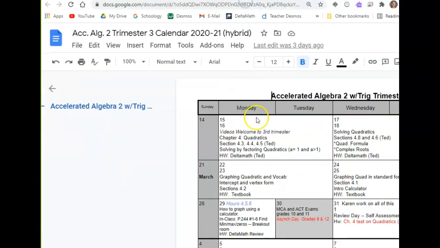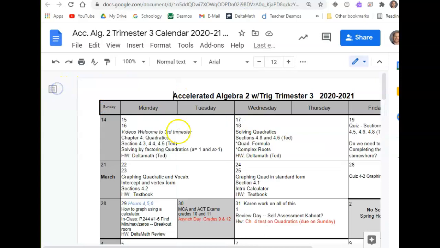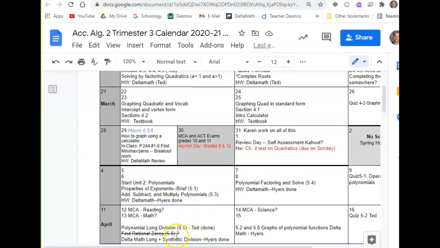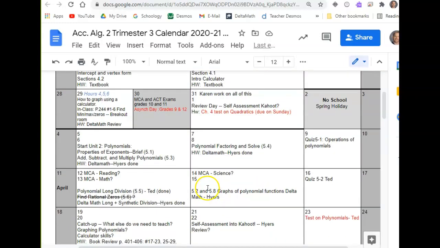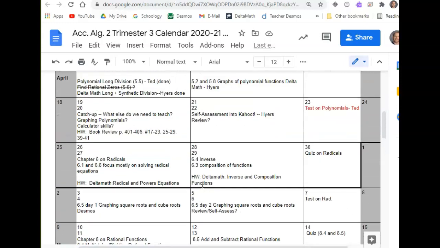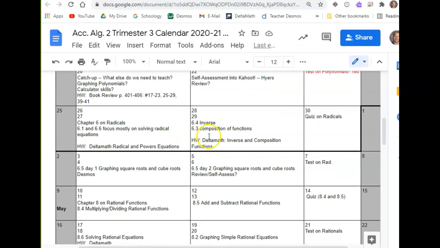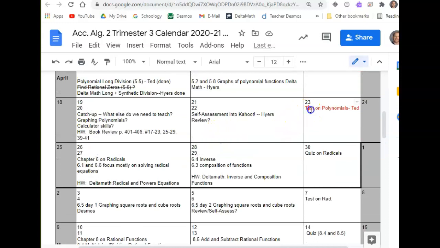For the rest of the school year, I think it's important for you guys to understand kind of where we're headed and what's left over. So this is our trimester 3 calendar. It's kind of our planning calendar, so it doesn't mean a ton to you guys. Last Friday, you just had a test on polynomials. I have not had a chance to grade that yet.